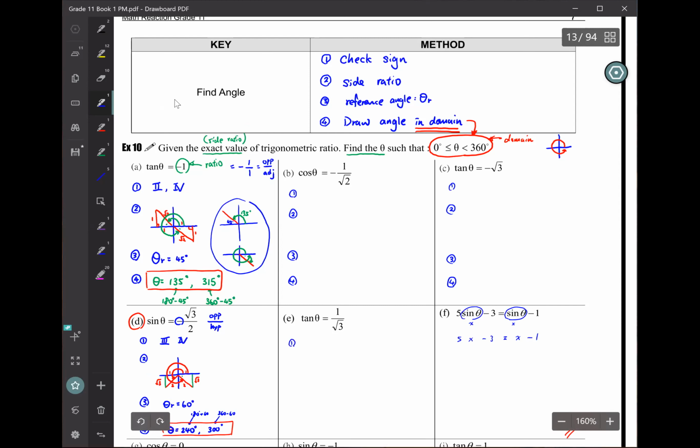So if you want to save time, you can skip step 1. So about 1 minute for each question. If it takes longer than 1 minute, that means you need to practice more.